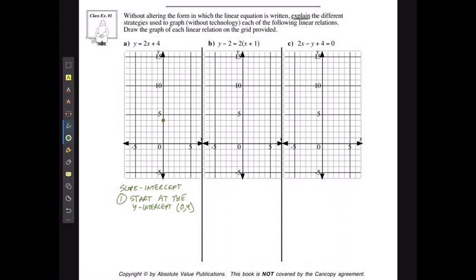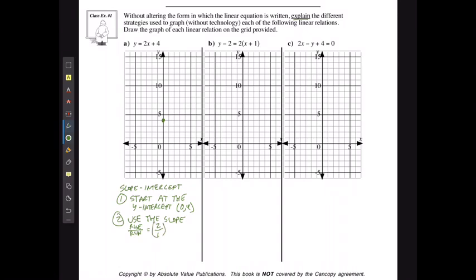Right here. The second thing I'm going to do is use the slope, which is rise over run, which in this case is going to be a rise of 2 over 1.